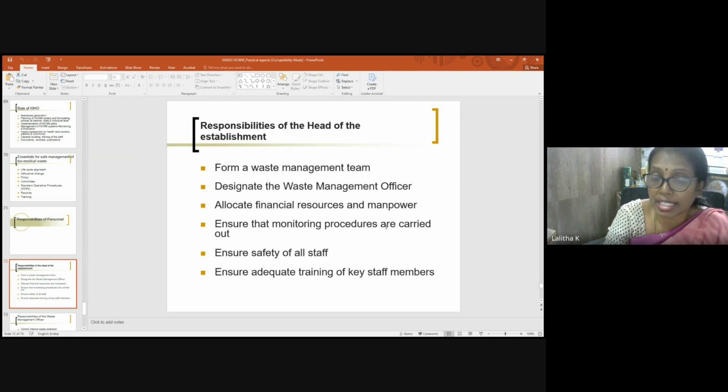One is the head of the establishment, because responsibility lies with them for forming a waste management team, designating a waste management officer, or forming a committee, and allocating financial resources for manpower, for training or for consumables like bins and trolleys, or PPE. They also ensure that monitoring procedures are carried out and ensure safety of all the staff, and also training and vaccination of the key staff members.